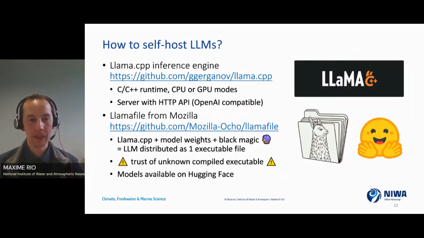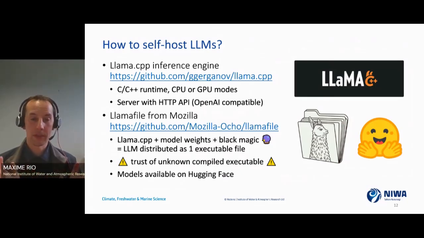On top of that, there is this amazing piece of technology called LlamaFile, which has been created in partnership with Mozilla. What it does is it takes this llama.cpp runtime and literally zips it with the weights of a model, so you have a pretty big file. Put on top of that a little bit of black magic, for people interested in this, it's called the Cosmopolitan libc.